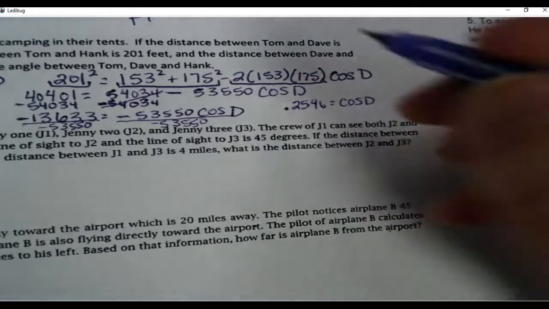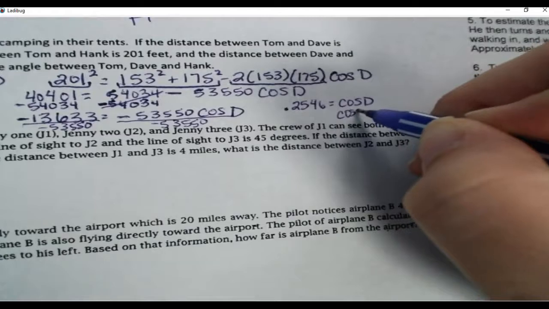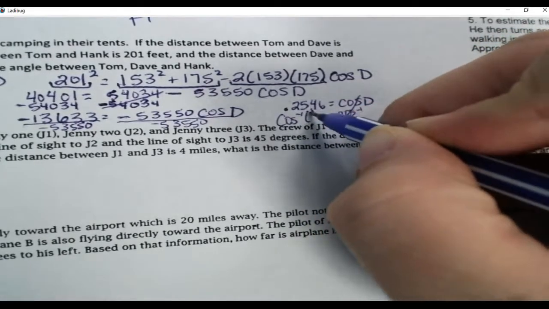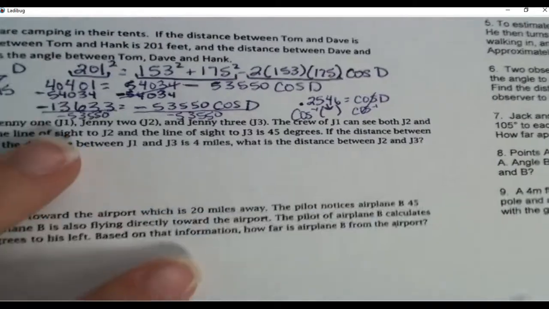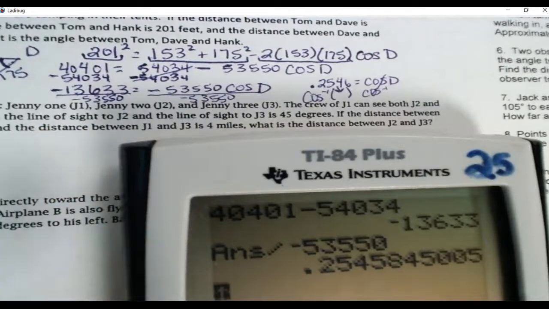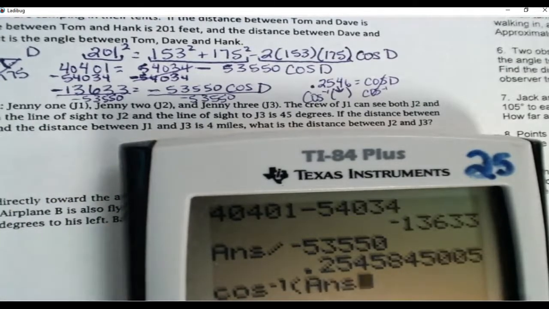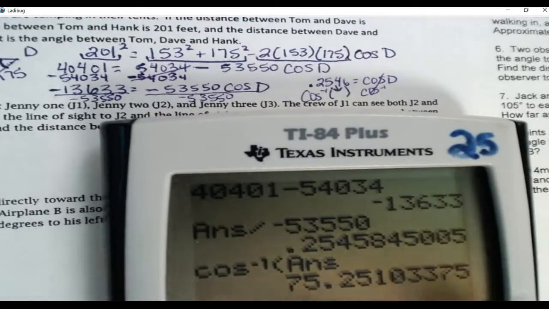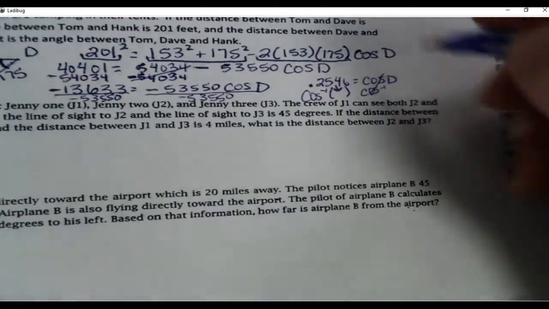So now we do inverse cosine on both sides. And then remember, your decimal is what goes inside. So if we type that in, second cosine of that answer, we get about 75.25 degrees.